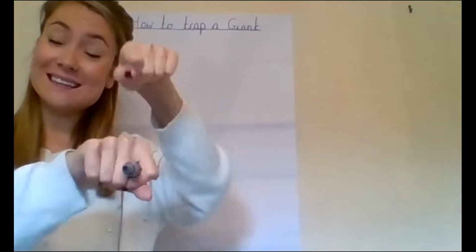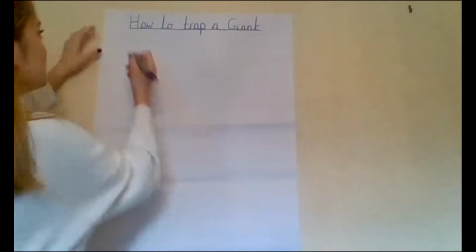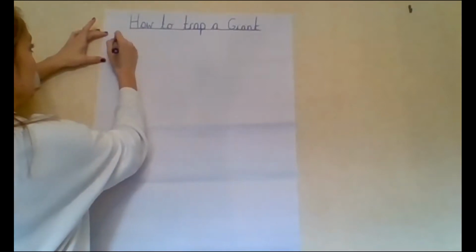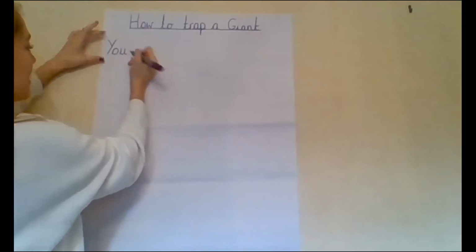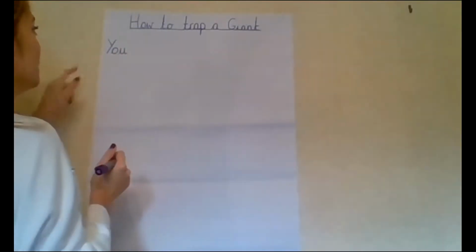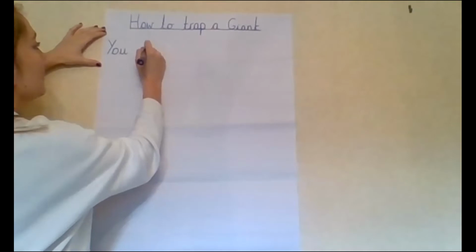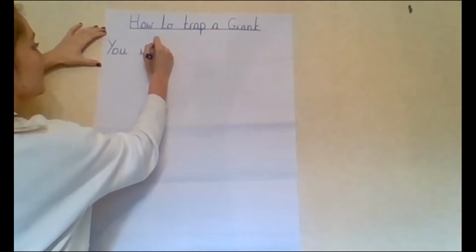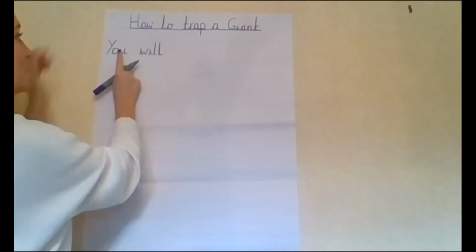You will need, let's start with a capital letter because it's the start of our sentence. You. That's a tricky red word. We can't sound it out. You will. What? If. Ooh. 2 letters that make 1 sound.